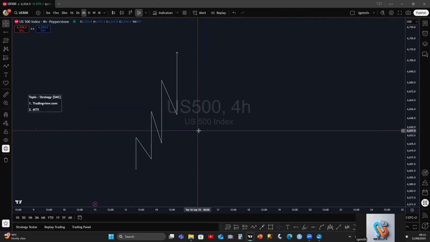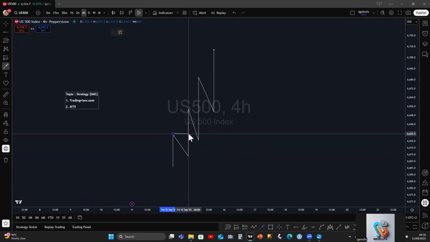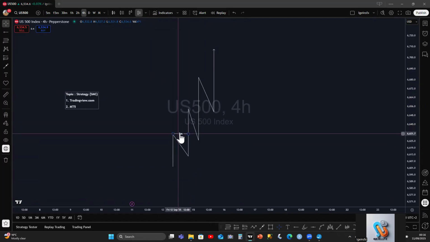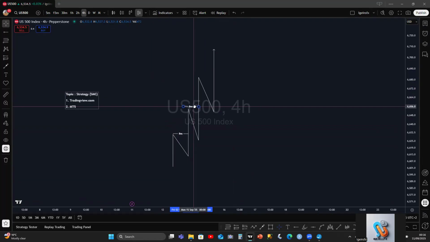So now these are the support levels. And here we have a breaking of what? Structure to the upside. Breaking of structure to the upside.